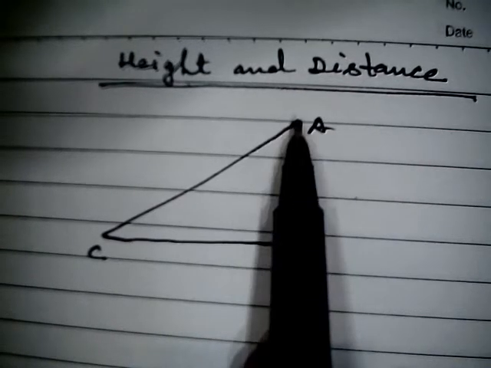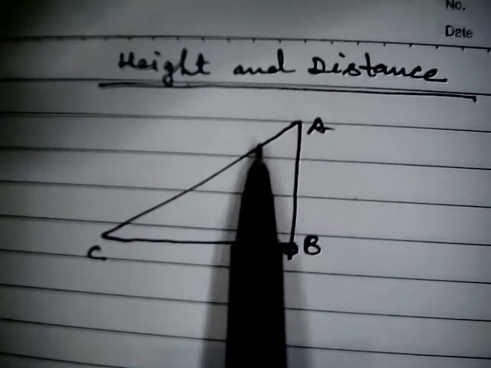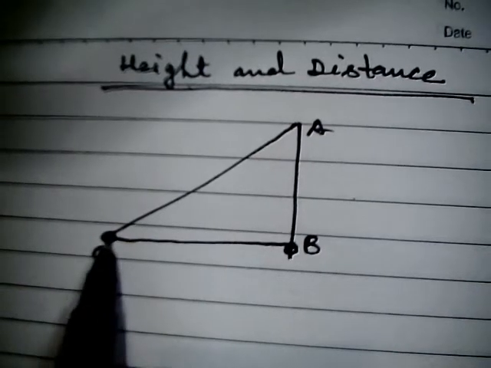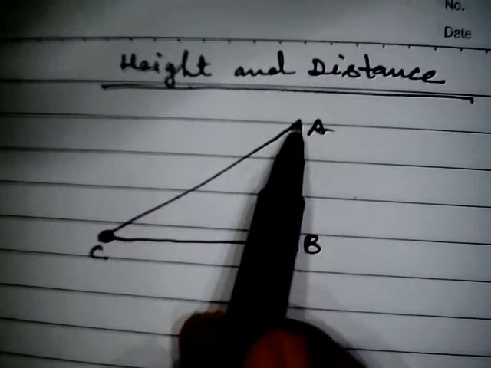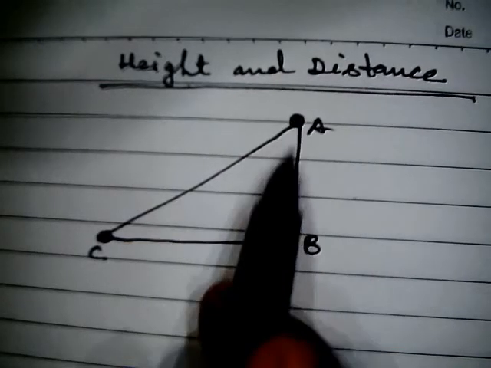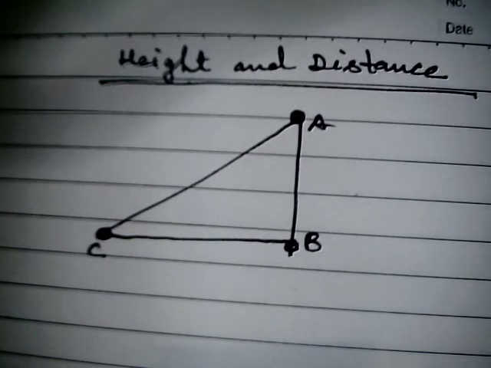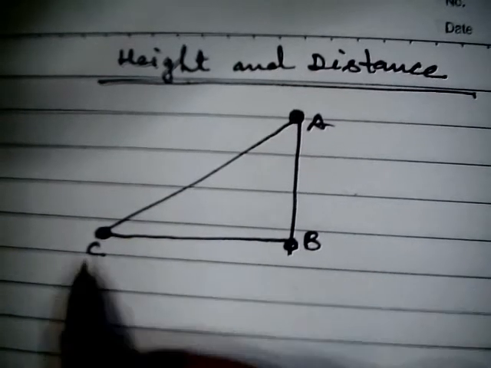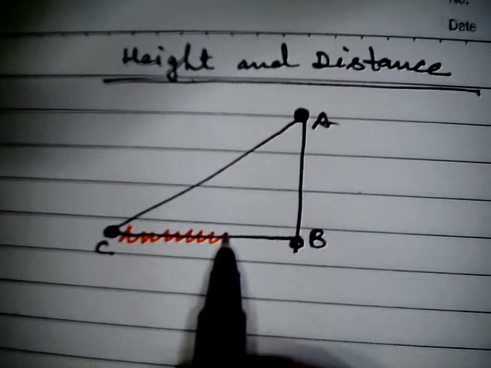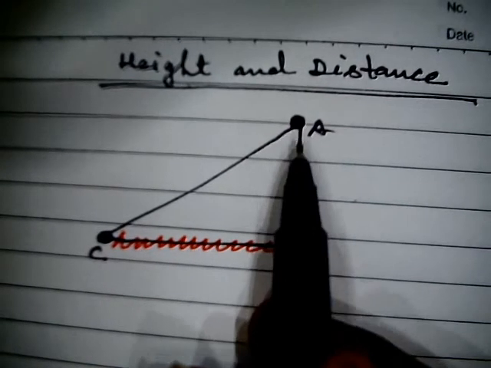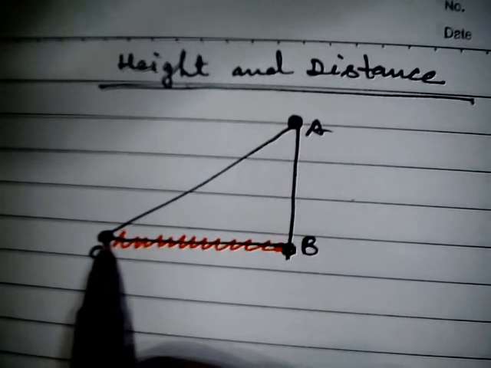In a right angle triangle, suppose a person is sitting over here and observing this pole. Suppose this is a pole standing over here at point B, and this is your ground. At the ground, on one side a pole is standing, and on the other side a person is sitting and observing the height of the pole.